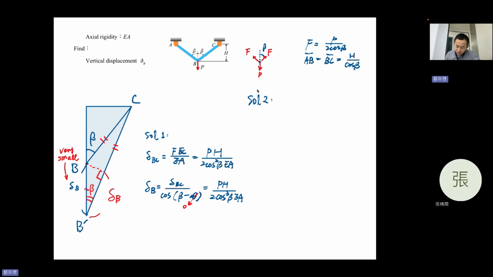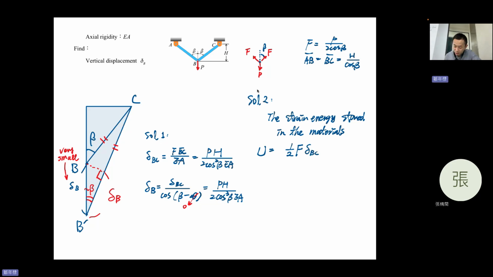So the strain energy stored in the material is U. The U is internal energy, strain energy, equal to half F delta BC.